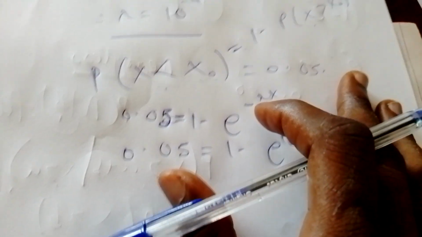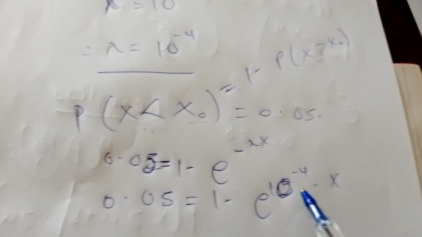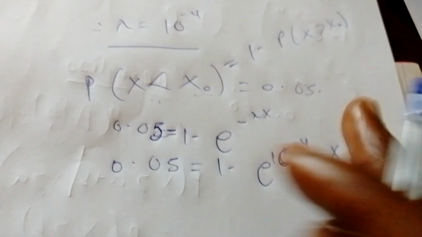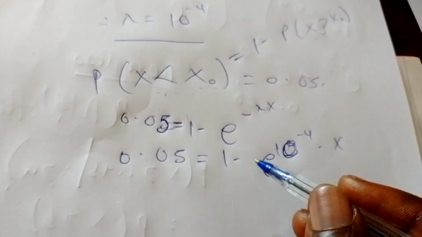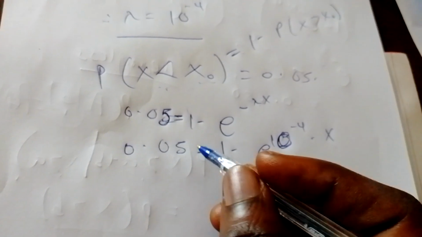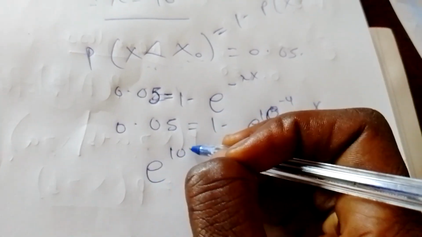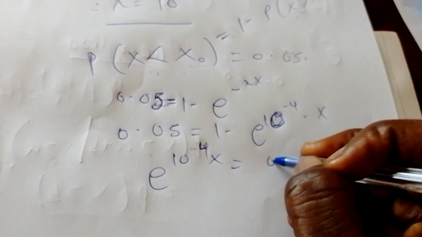We're just trying to find the time at which the failure will be less than that, so we're just trying to find that minimum time, which is x. How do we simplify this down? You can bring that over, and e power negative 10 power minus 4 x will be equal to 0.95.